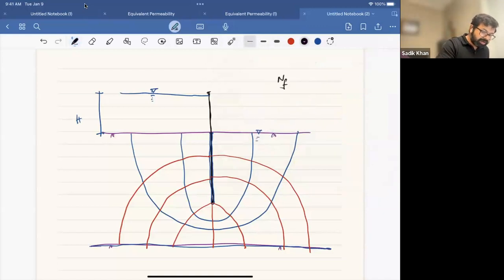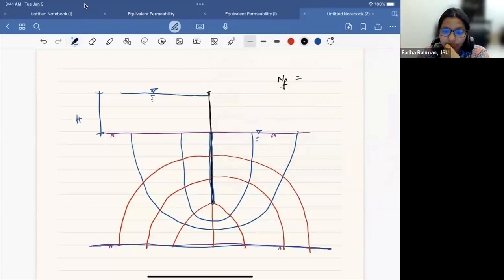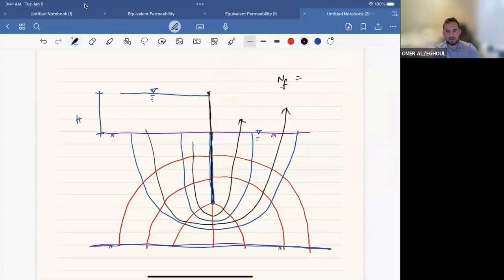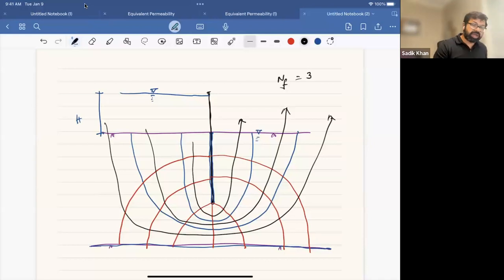We have one flow line, a second flow line, and a third flow line. So NF equals 3. And then we have the number of drops, ND. So how many drops?